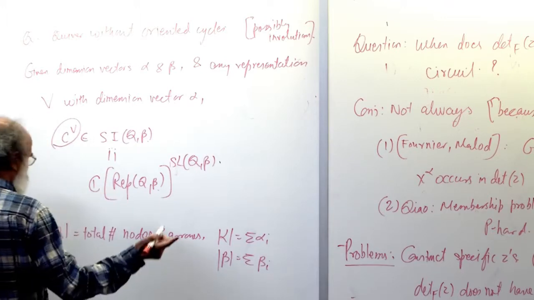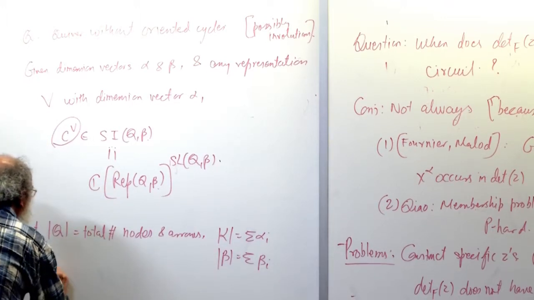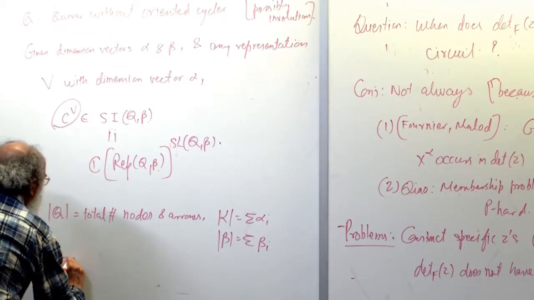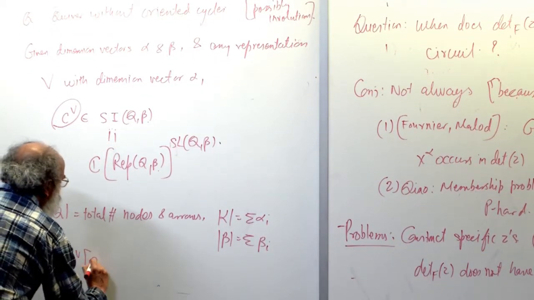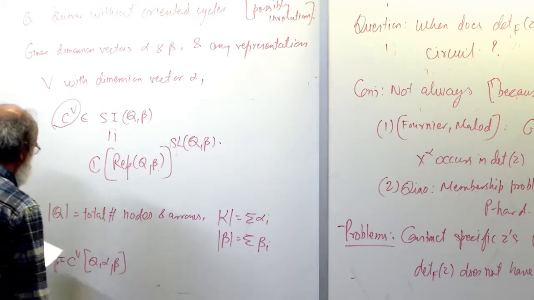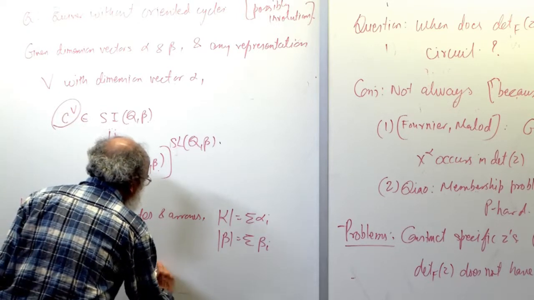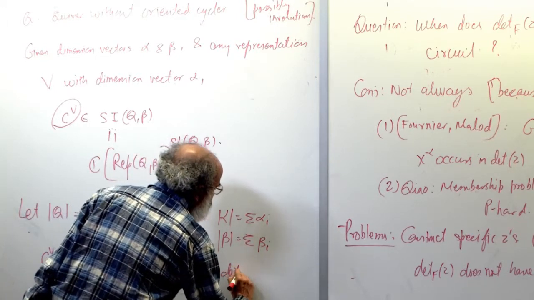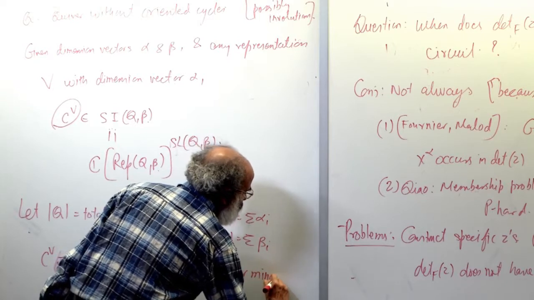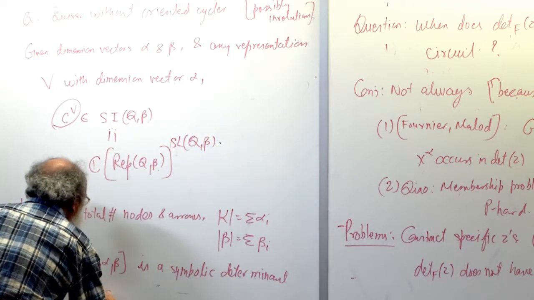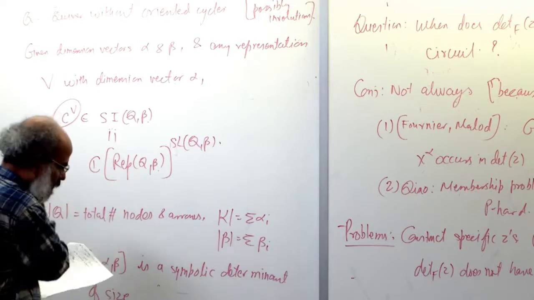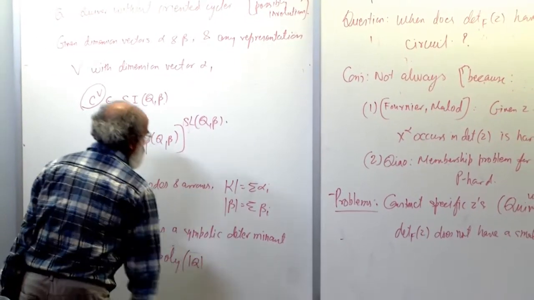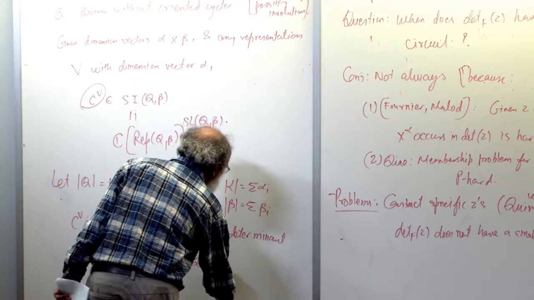Then notice from the definition that he gave, that CV, which to make it precise we will also denote sometimes by CV Q alpha beta, is a symbolic determinant of size that is polynomial in the size of the quiver and the sizes of the dimension vectors.